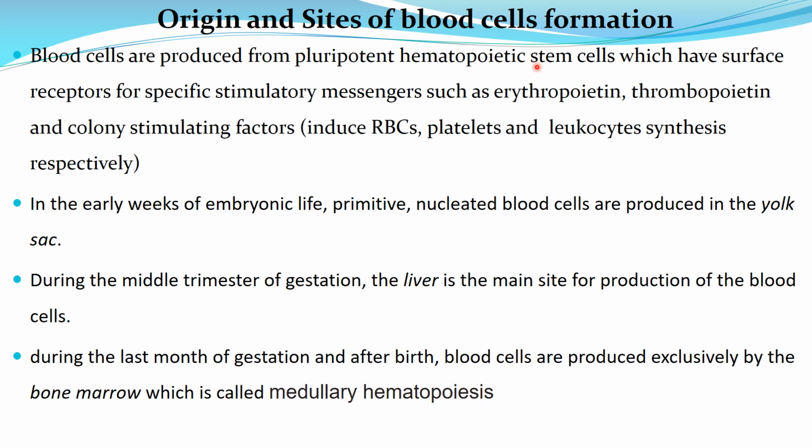Hematopoietic means blood-forming cells. The stem cells are undifferentiated cells, so they are the progenitors of our body cells. Normally the blood cells are produced from a type of cell called the pluripotent hematopoietic stem cells.